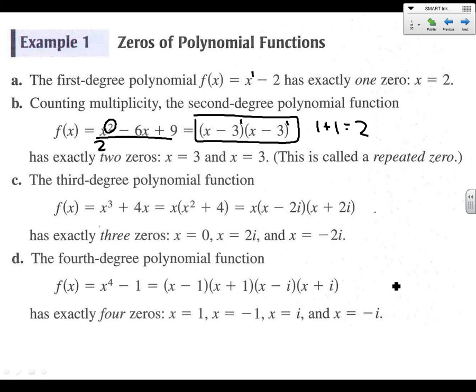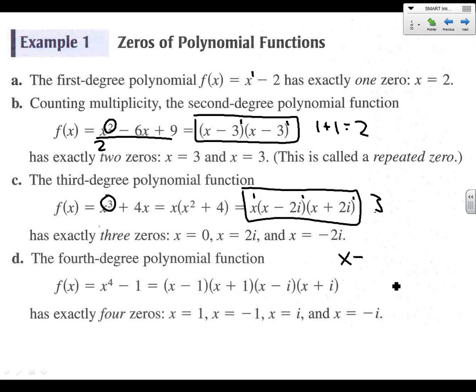Same thing if we look down here. We've got x to the first, to the first, to the first. That's 3 zeros. And same thing as we go down into 4 and 5 and 6. One thing to keep in mind is that this counting works even if the exponent isn't 1.